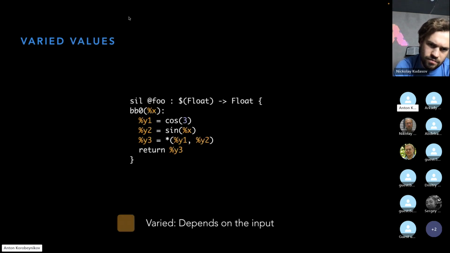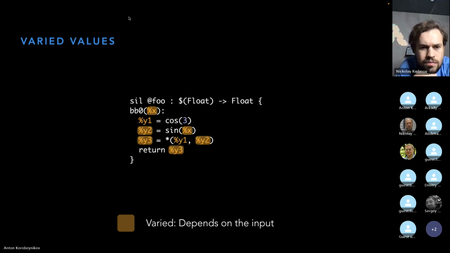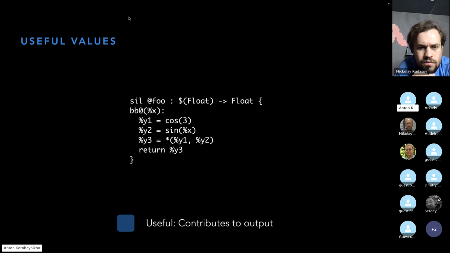First, we do analysis in the forward direction. For the varied values, every value that depends on the input is varied, like here. Then we do analysis in the backward direction, where every value that contributes to the output is a useful value.